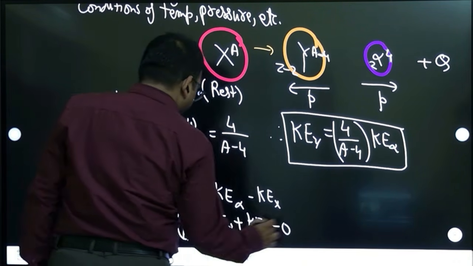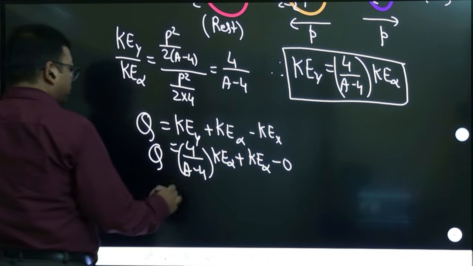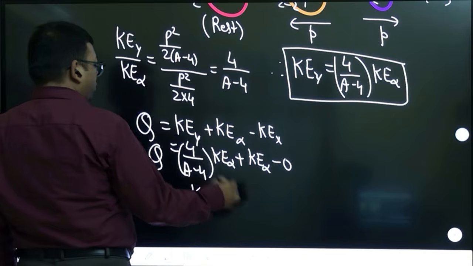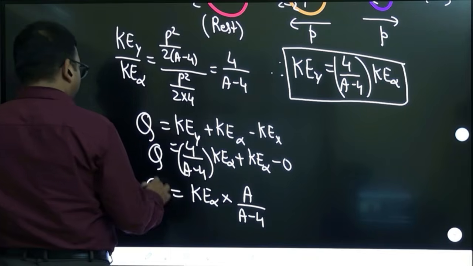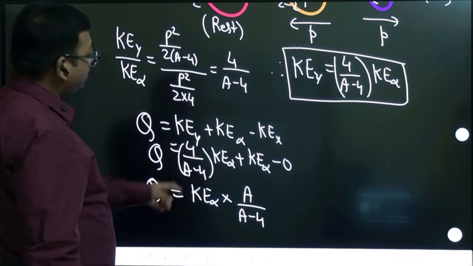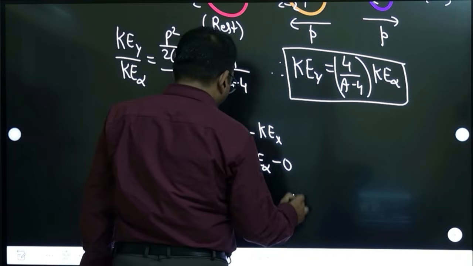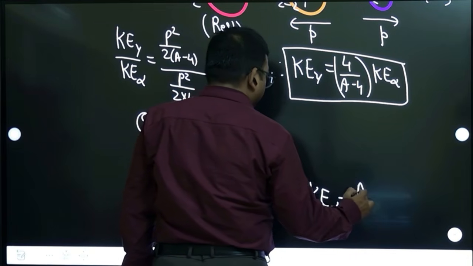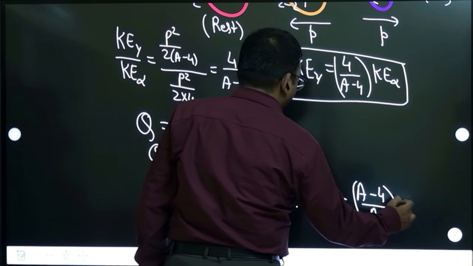Taking common, you will find it is A by A minus 4, because when you take the LCM, minus 4 plus 4 gets cancelled. So kinetic energy of alpha can be calculated as A minus 4 by A times the Q value.